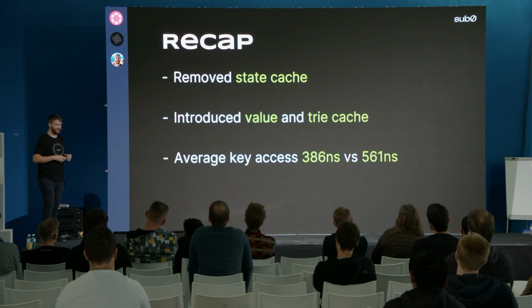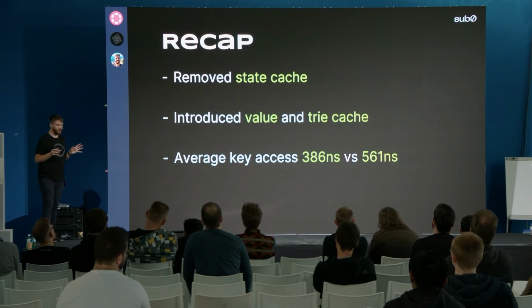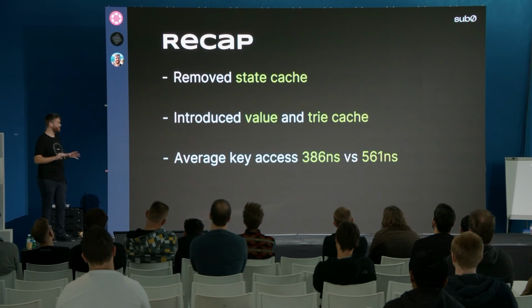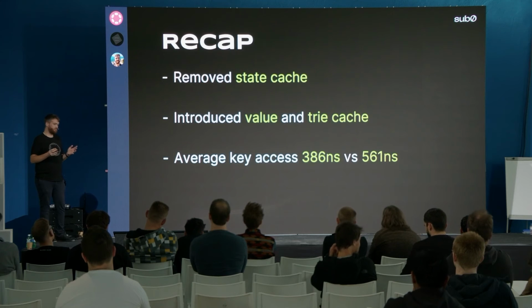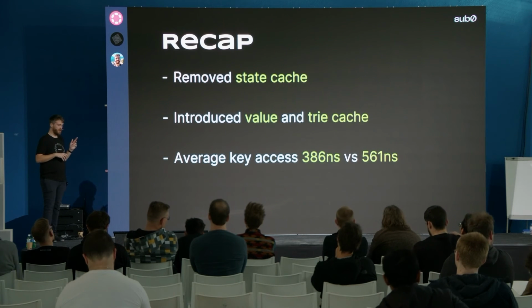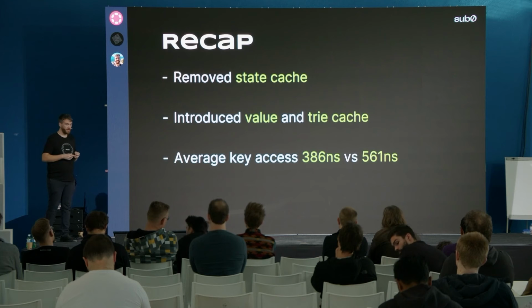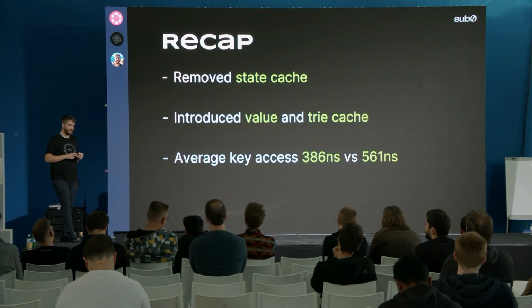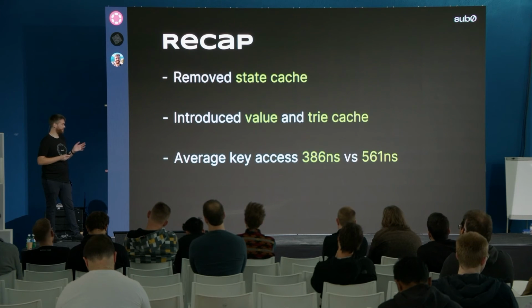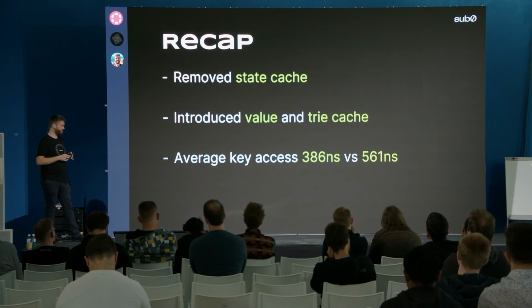Okay, that was most of my talk. I want to give a small recap. What we've done is we removed the state cache and introduced this value and trie cache. We are still not as fast as the state cache. The state cache takes around 386 nanoseconds to access a key, and our value and trie cache combination takes 561 nanoseconds.